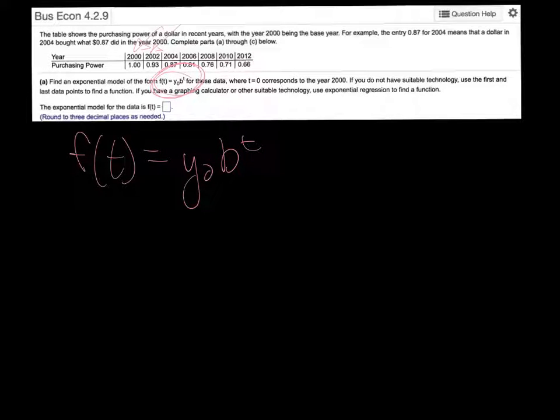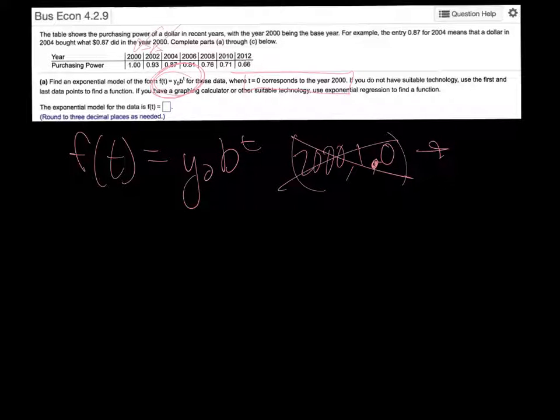And so this guy right here is your generic equation or function. And they inform you with these 7 data points that you have a 0.1 comma, 2000 comma 1.0. But in fact, with this information here, t equals 0 corresponds to the year 2000.